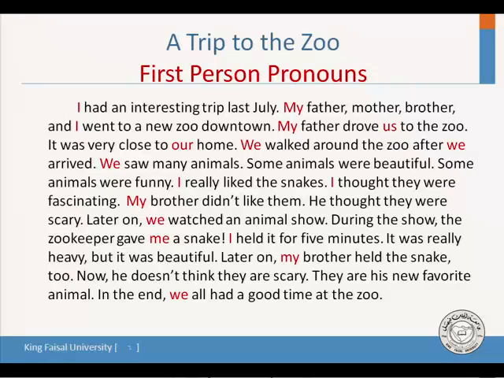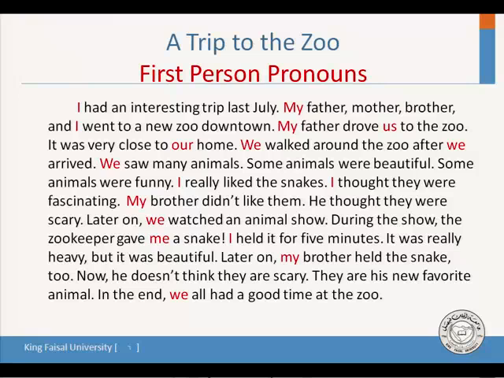Look at this paragraph. It's a story or a personal narrative. Someone wrote about a trip to a new zoo. Let's read it together first. I had an interesting trip last July. My father, mother, brother, and I. How many people? 4 people.